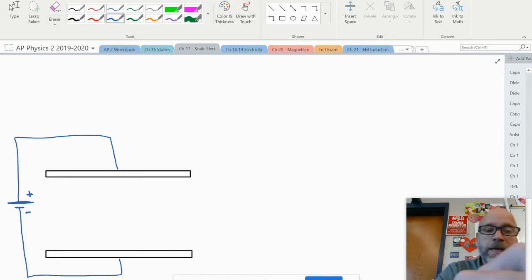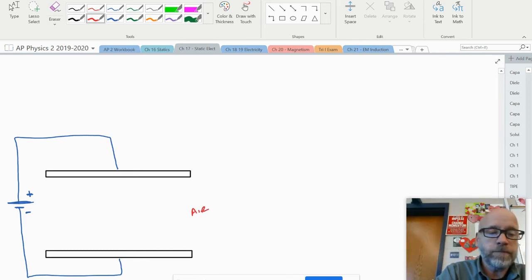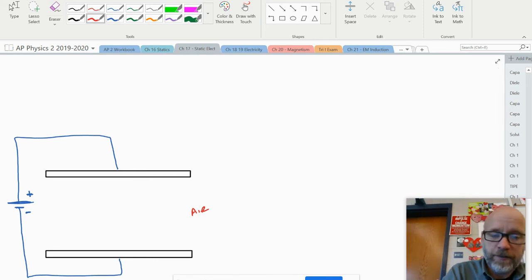They're separated by air. So because they're separated by air, charges can't go from one to the other. So when I first connect this up, what will happen is that positive charges will start to collect on the top plate. They will create a field that extends across space.